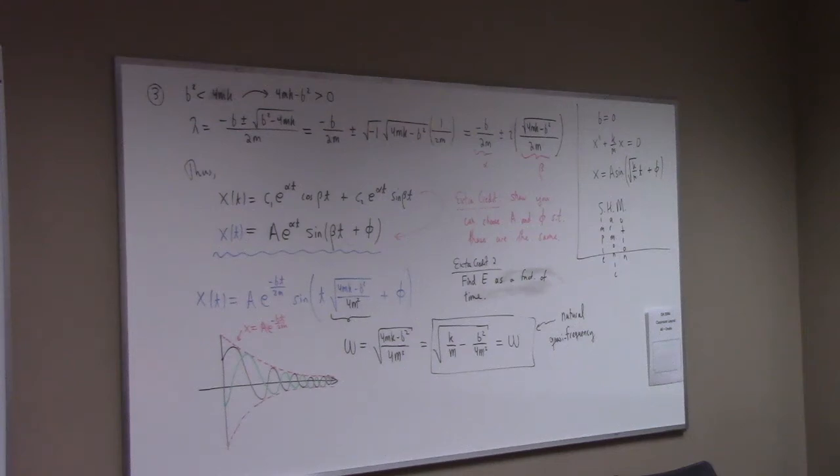Listen, a similar discussion could be had for RLC circuits. If we have a resistor, an inductor, and a capacitor, if you study the differential equation which governs the charge on the capacitor, you'll find it's a second order constant coefficient differential equation that is much like this. It has positive coefficients, just the same kind of math as this. And so again, for an RLC circuit, you have three kinds of possible current flow.